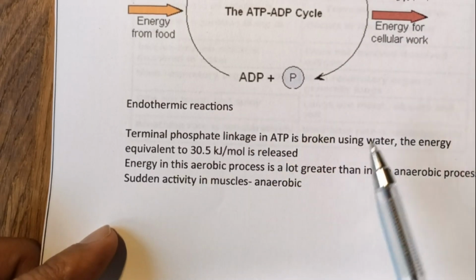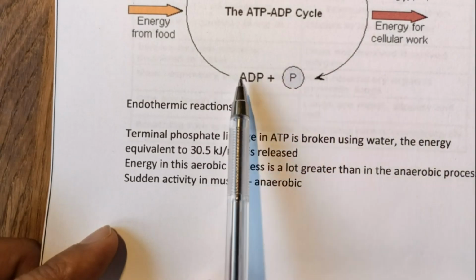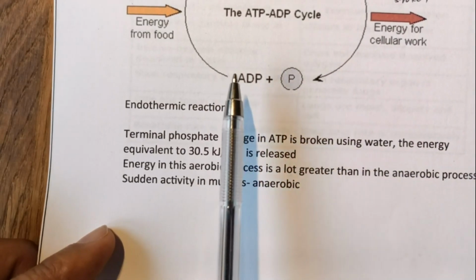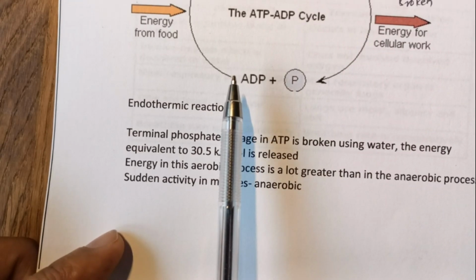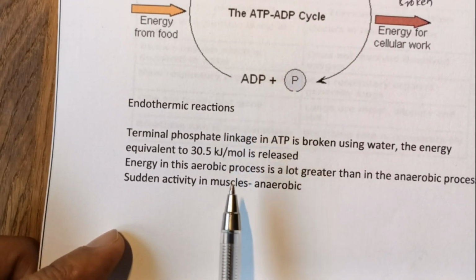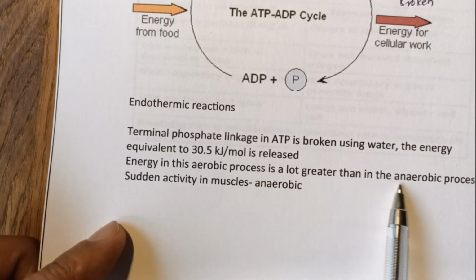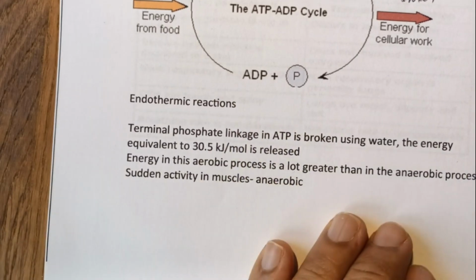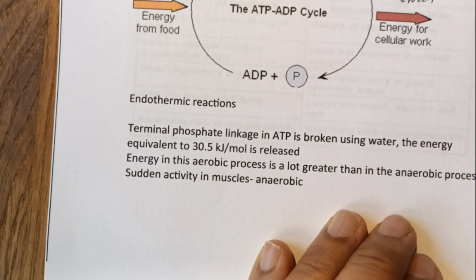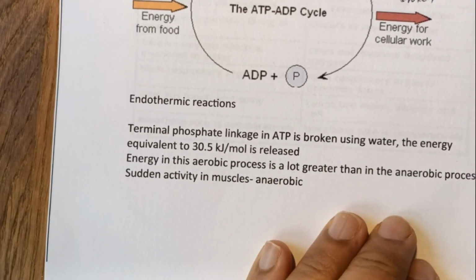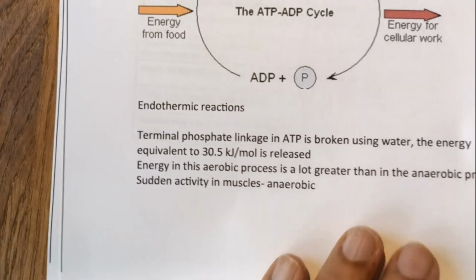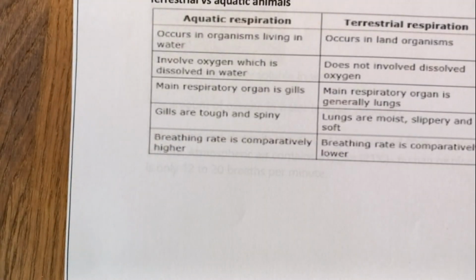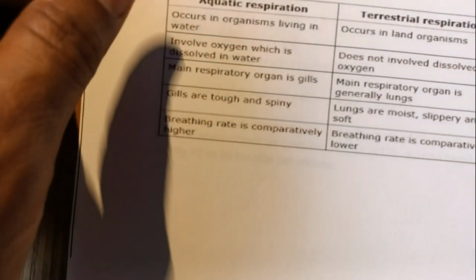This process involves aerobic mechanism, at least in the beginning, and then it takes place in mitochondria, and the energy released is much greater than in anaerobic processes, in comparison to the fermentation or the anaerobic processes that take place in muscle. So aerobic is a more energy efficient process than anaerobic.